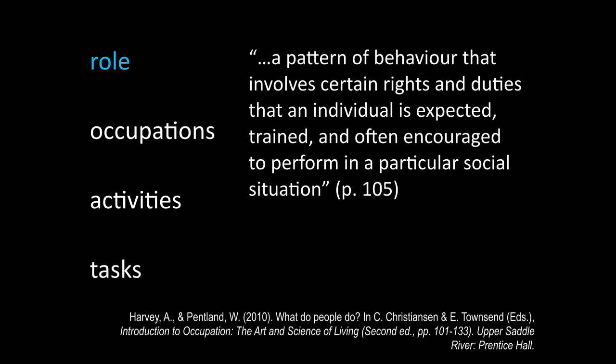Okay? So I guess some of the important points here are that a role is generally recognised within a particular social group or a particular context, to use some of the language we've been using already, and also that it involves certain rights and duties, and there are certain expectations in terms of what that involves, and here it's termed a pattern of behaviour.